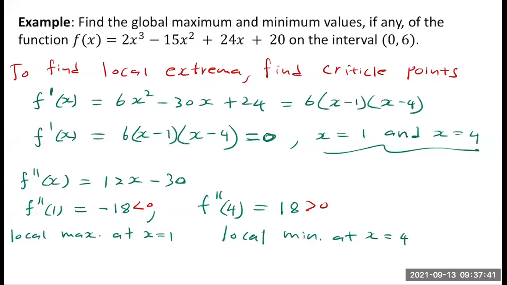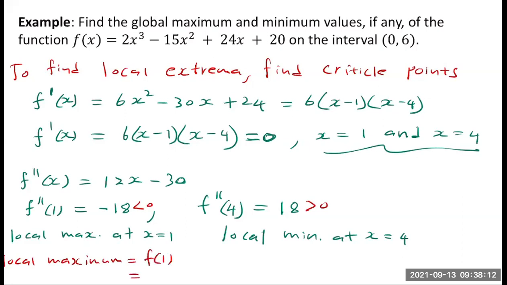Now let's find those local extrema. We have a local maximum at this point. To find that local maximum at x is equal to 1, we plug in x is equal to 1 in my function. So my local maximum equals f of 1.